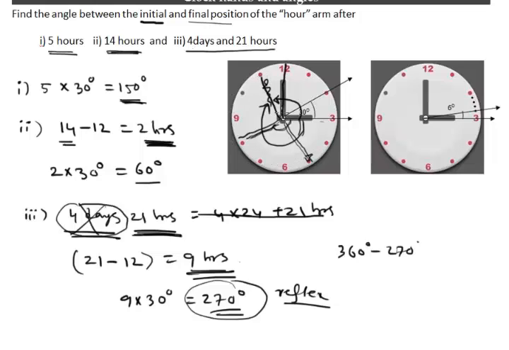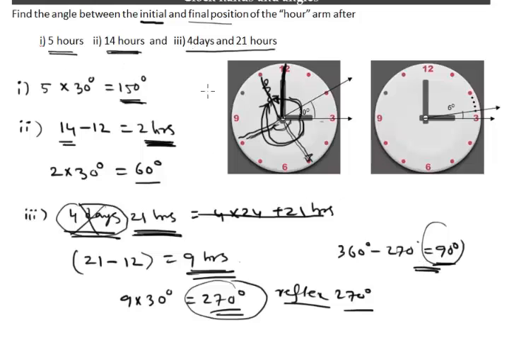So this is 270 and this other angle will be 90 degrees. So either we can say that the angle between initial and final position is reflex 270 degrees, or we can say the angle is a right angle, that is, 90 degrees.